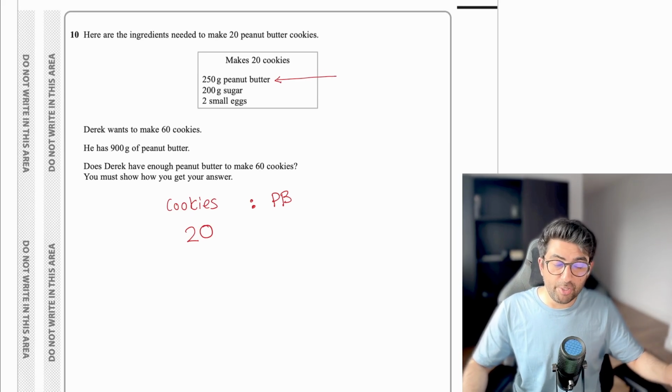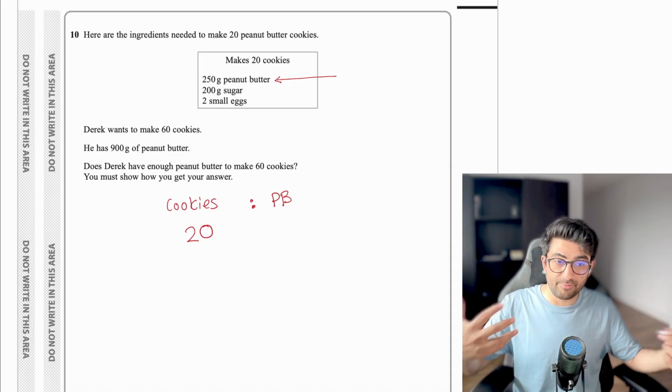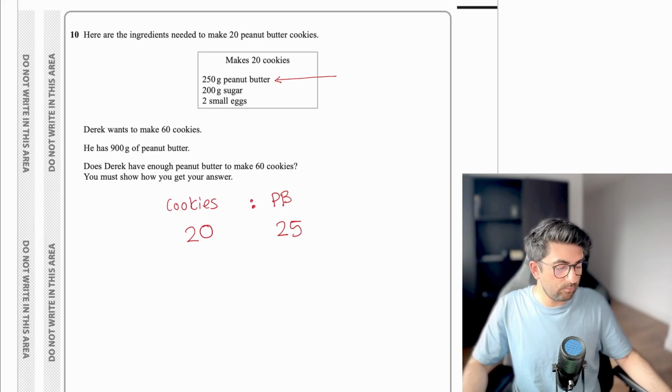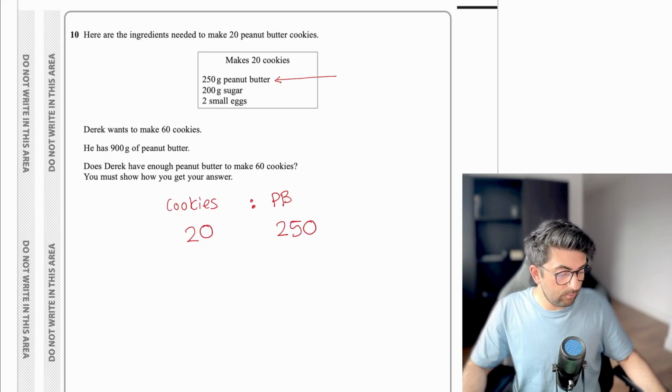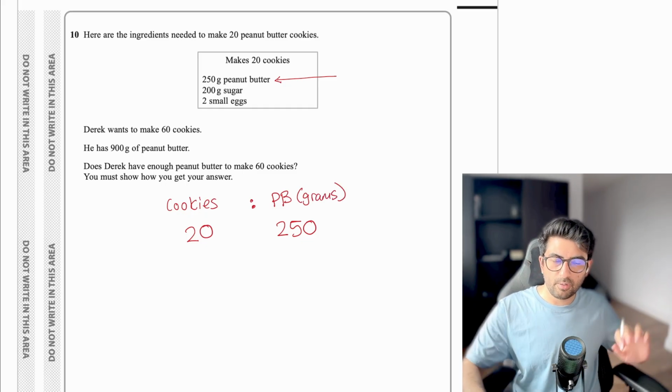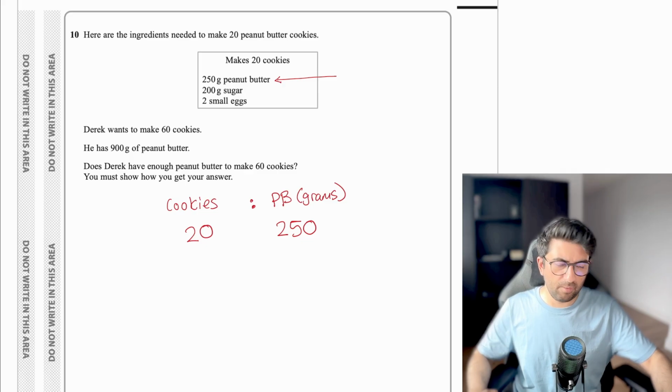Well, in the question, it says he needs 250 grams for 20 cookies. 250. I'll write grams here so we remember. Okay, so for 20 cookies, he needs 250.